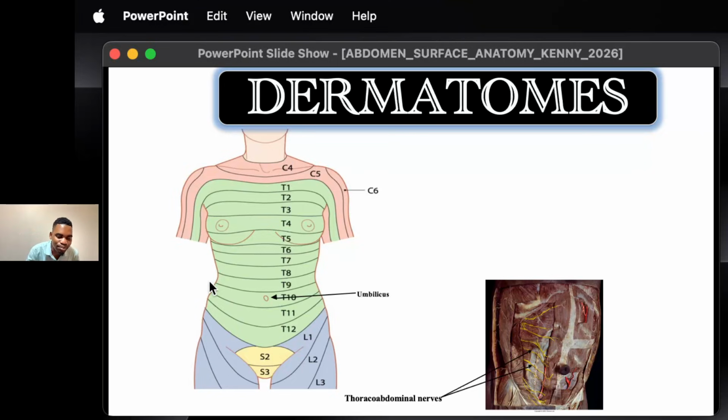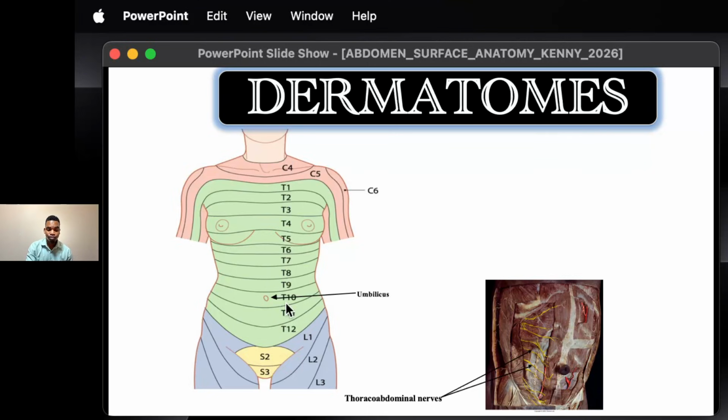But we have two nerves, one on the right, one on the left. These nerves do not cross the midline, so the right one is supplying the right and the left is supplying the left. What is most important about this clinical anatomy is the presence of shingles. We discussed herpes zoster the other time.